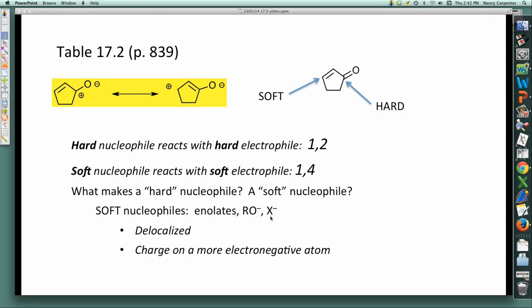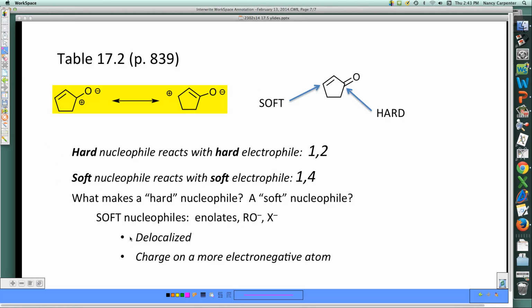So we know the halides, for example, are like iodide, big atom. That negative charge is really diffuse over a very large center. Oxygen, well, oxygen's certainly a stronger base than iodide, but the negative charge is on an electronegative atom, so that makes it a lot less concentrated, if you will.